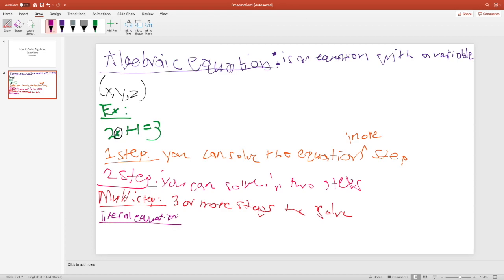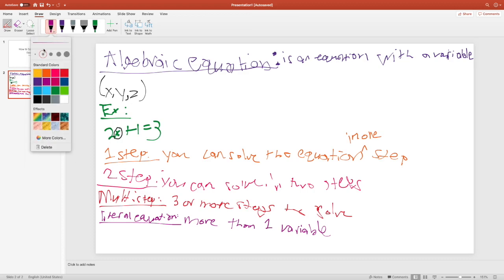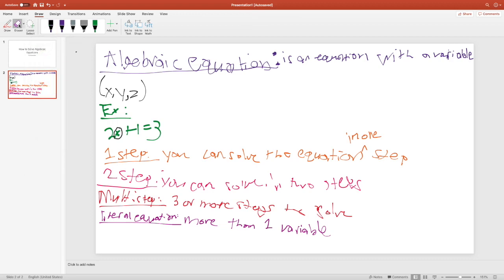It has more than one variable. Here, I'm trying to spell there. So that was a lot of writing.